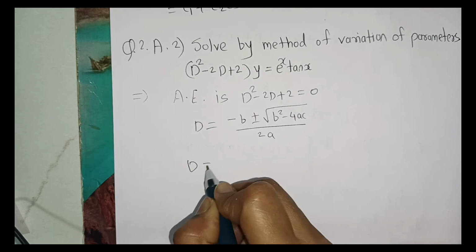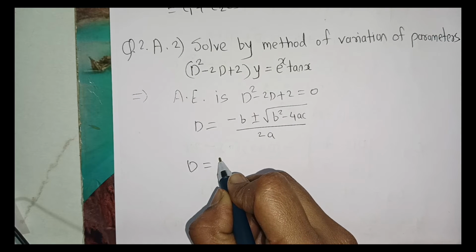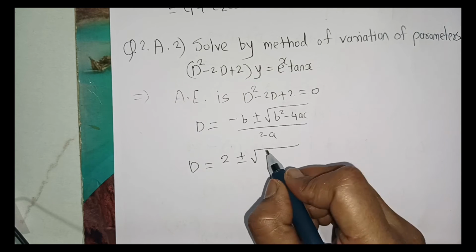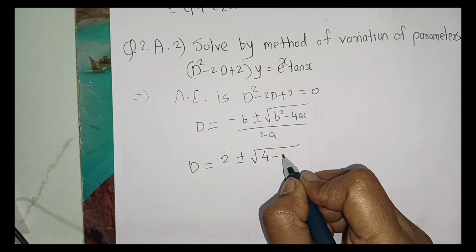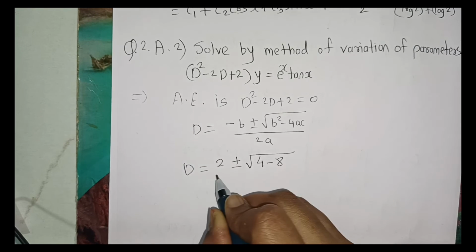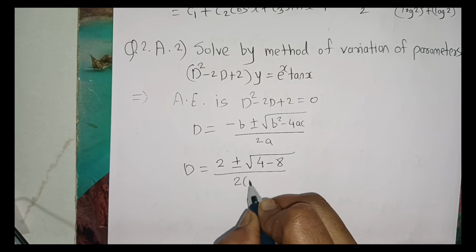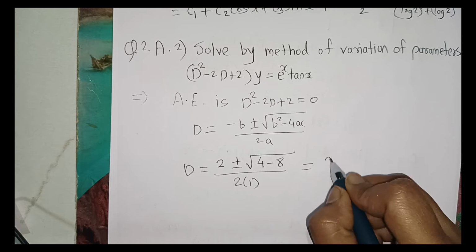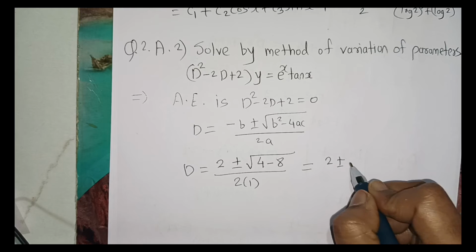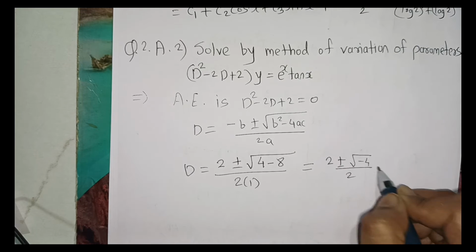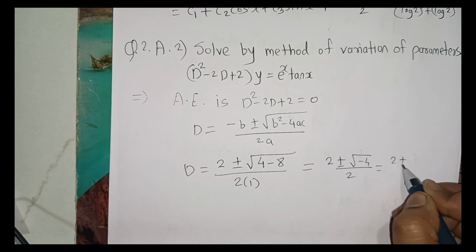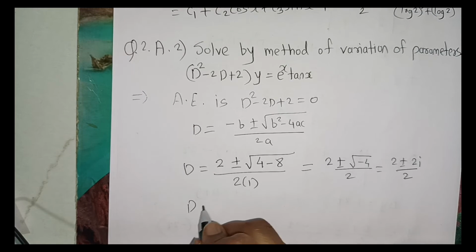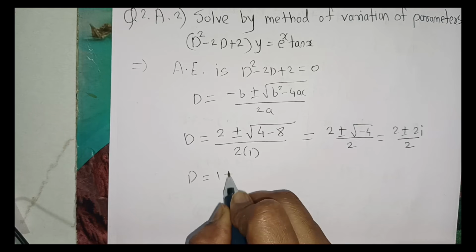So D is equal to minus of minus 2, that is plus 2, plus minus under root b square is 4 minus 4 times ac, that is 8, divided by 2 times 1. So it is equal to 2 plus minus under root minus 4 divided by 2. So it is 2 plus minus 2i divided by 2. So D is equal to 1 plus minus 2i.